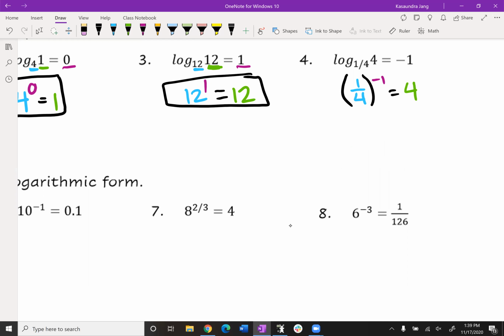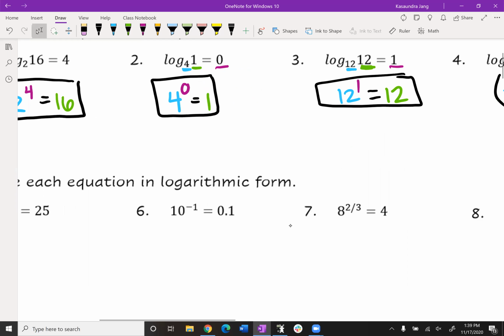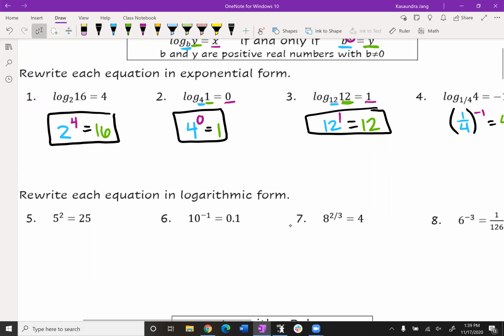All right. Okay, so lots of your exponent rules are going to come up in these logarithmic equations. So we are going to do number 5 here. We are going to go backwards, going from exponential into logarithms now. I need to do a log with a base.